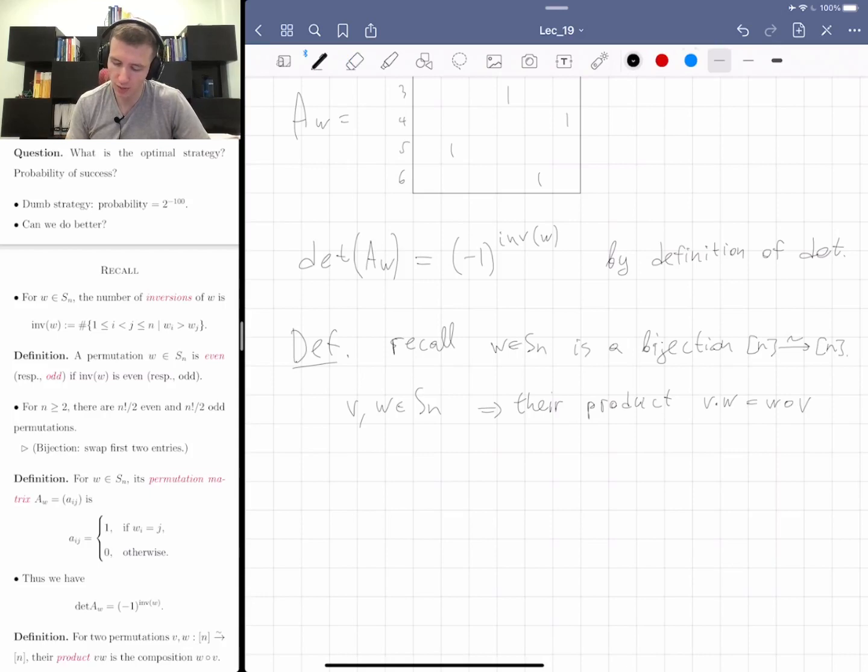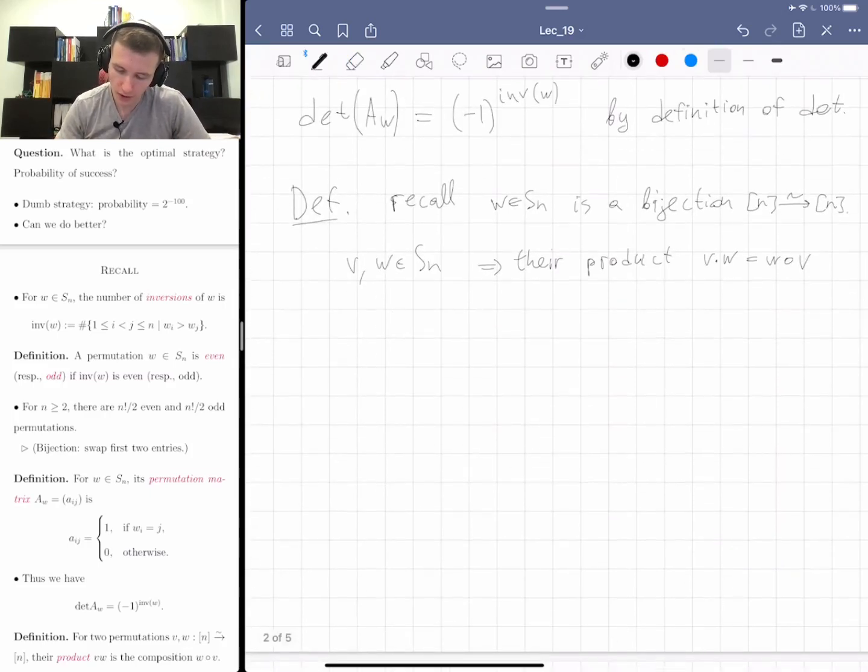V composition W. And what that means is that V times W is another permutation. V times W belongs to S_n, and VW of i is by definition W of V of i. Yeah, that's correct.